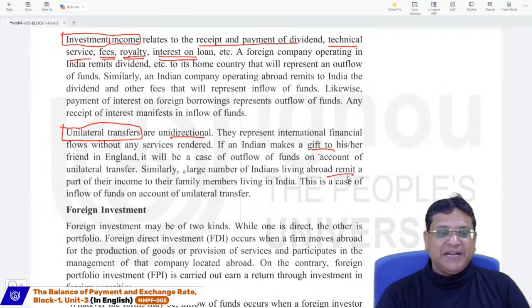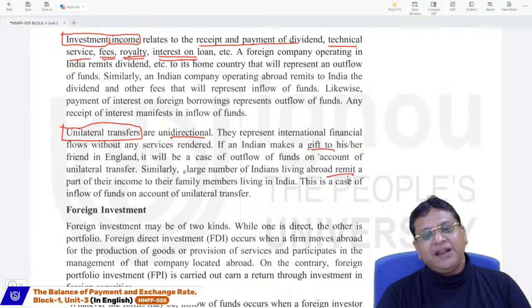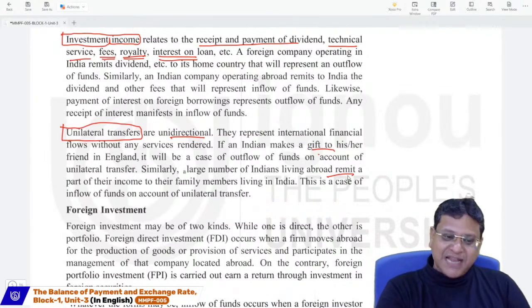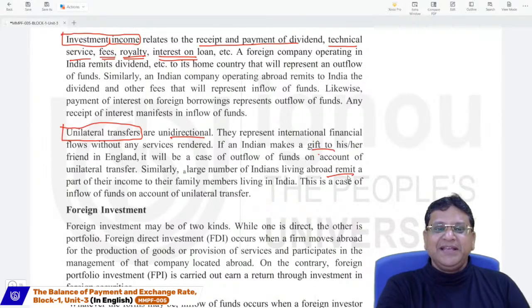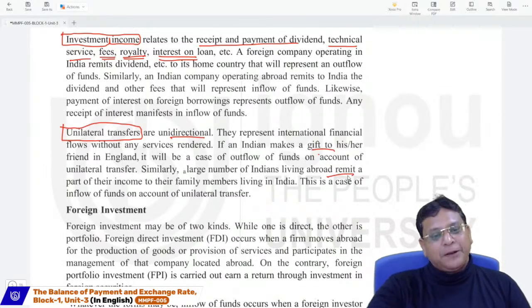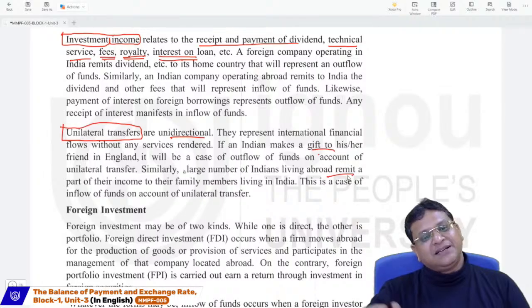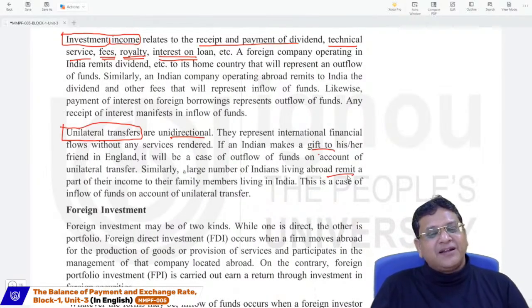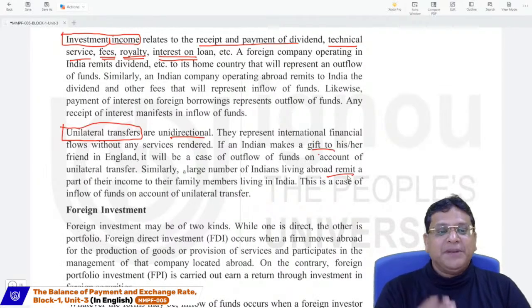So foreign remittances are a form of unilateral transfers. Similarly, a UK citizen may reside and work in India and send money to his family residing in England. That will be a unilateral transfer payment, that is, a remittance outward. So there can be remittances inward, remittances outward, gifts inward, gifts outward. These are unilateral transfer payments.